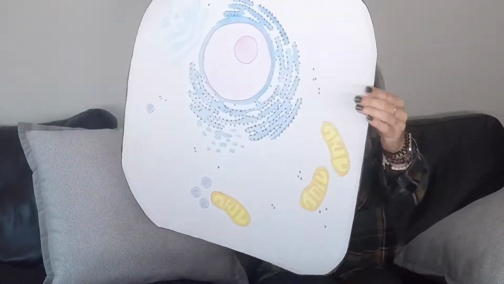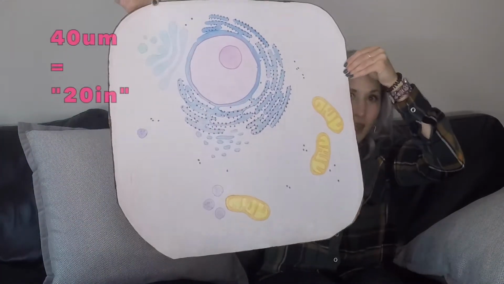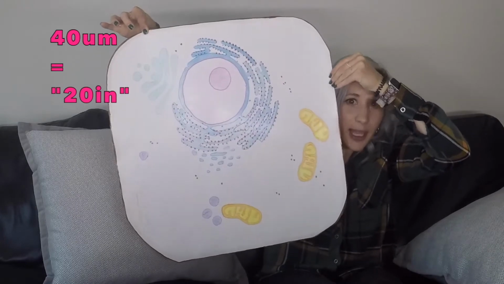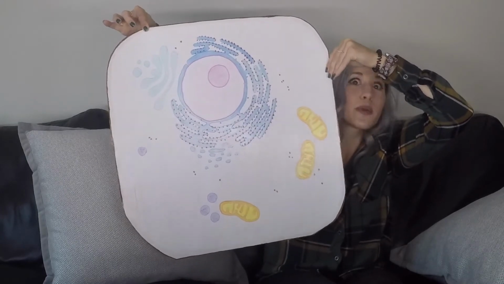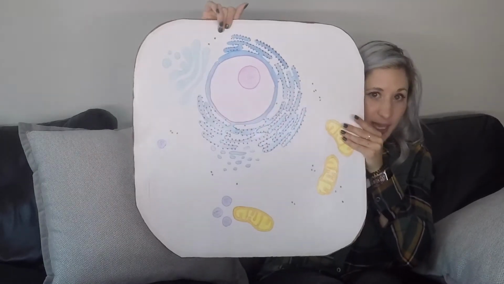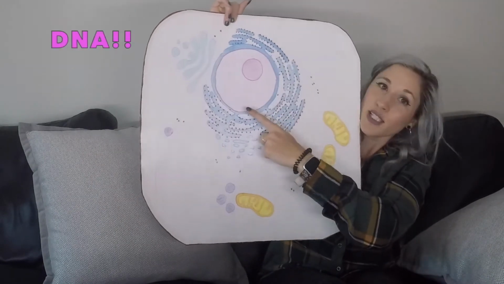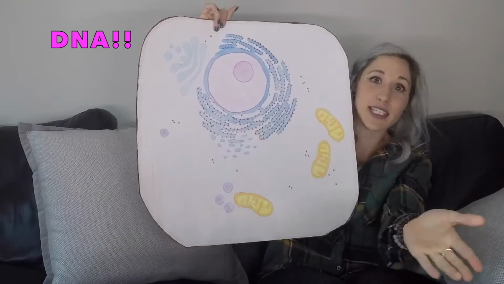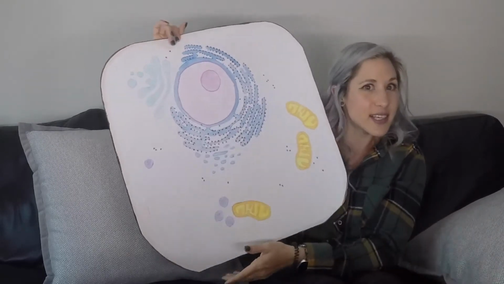So I've drawn that for you. Here is my 20-inch human cell. So definitely unrealistic, but I'm hoping you guys can compare it to something. This human cell has a nucleus, which contains our DNA, such as the DNA you extracted last week from strawberries.